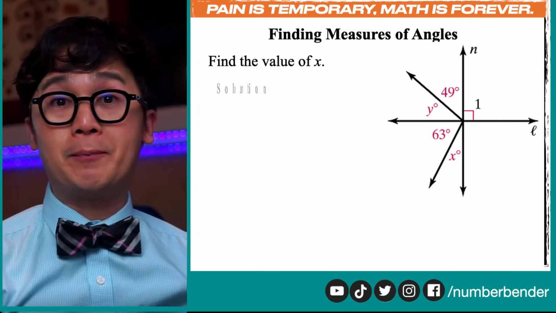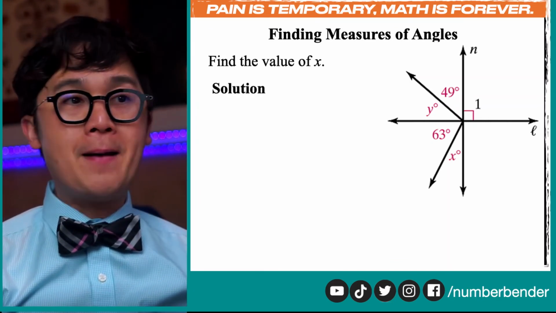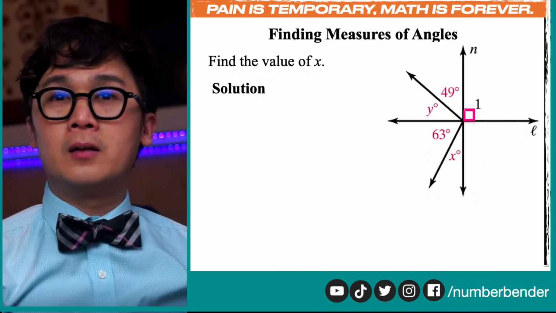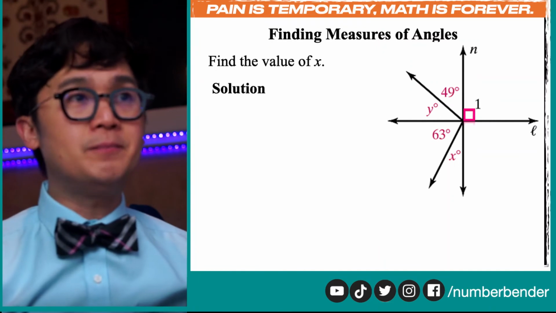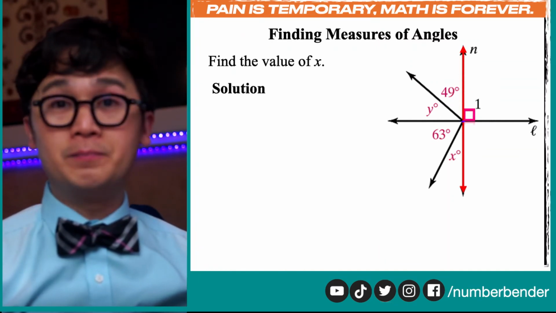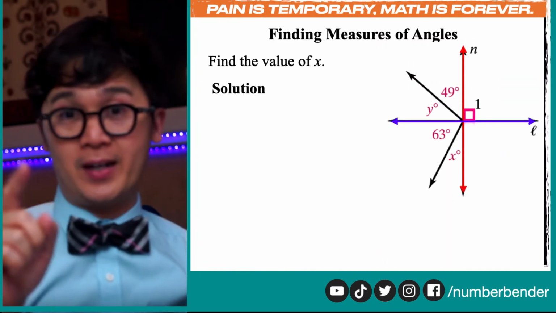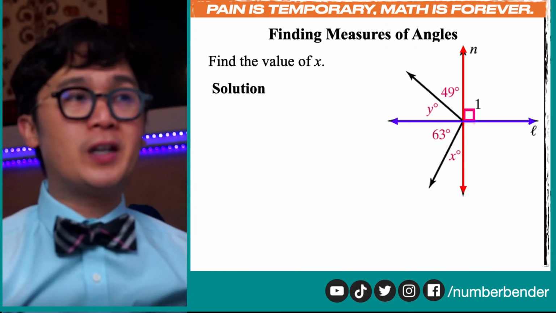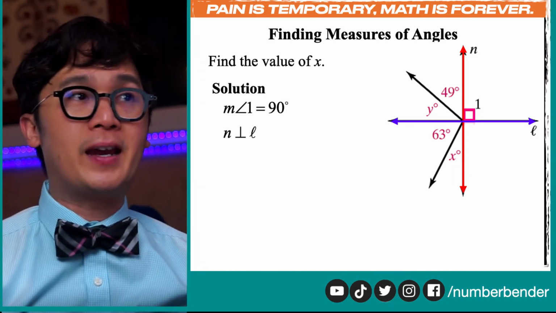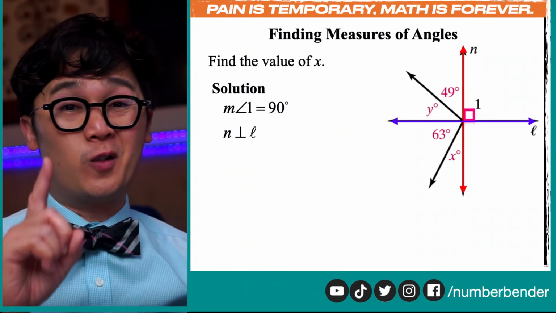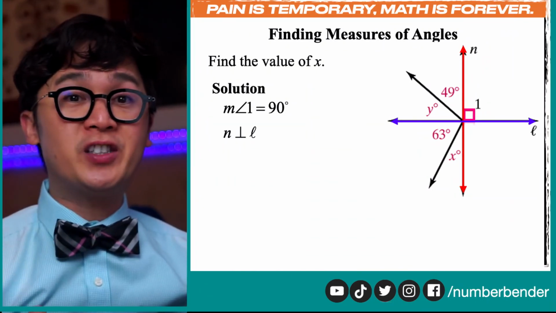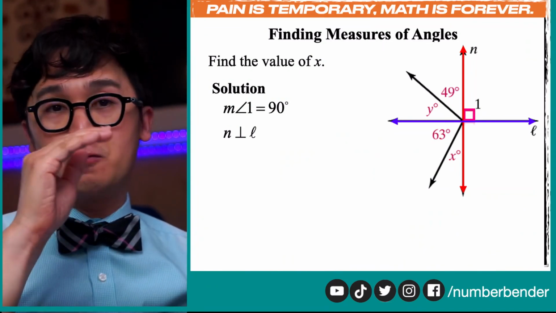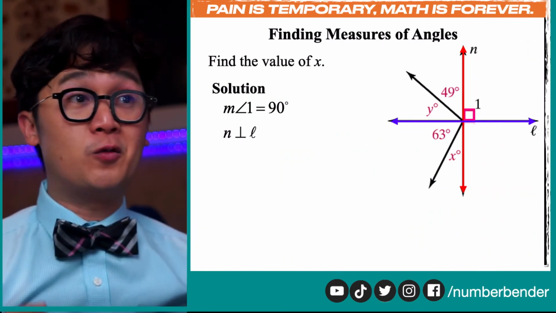And we're able to do that because we know that line N, the vertical line, forms a 90-degree angle because it is given. And from here, we know that angle 1 is 90 degrees and N is perpendicular to L, because we only need one 90-degree angle in two intersecting lines to know that we are forming a perpendicular line relationship.